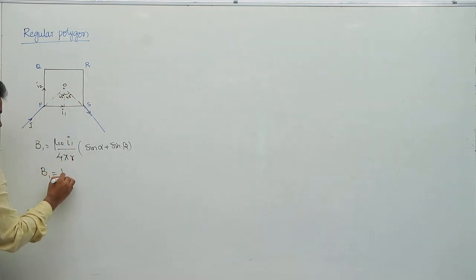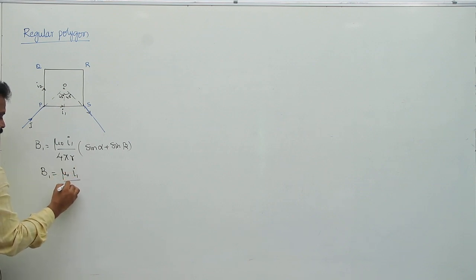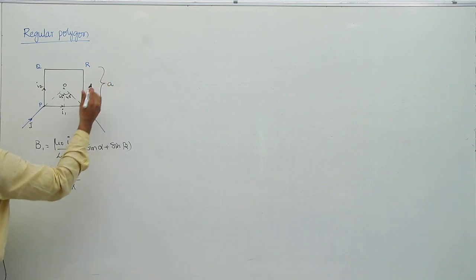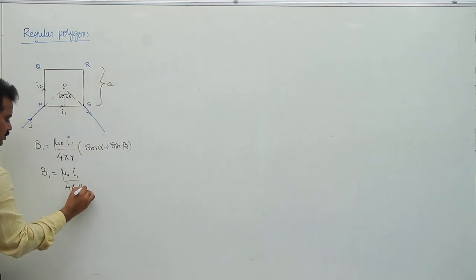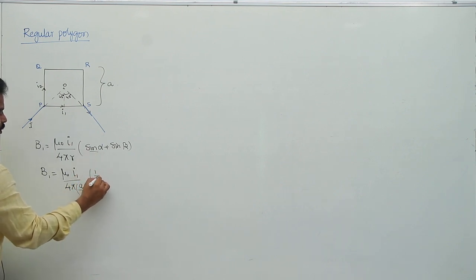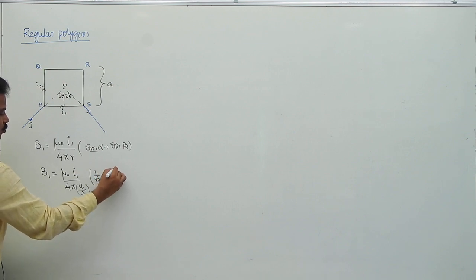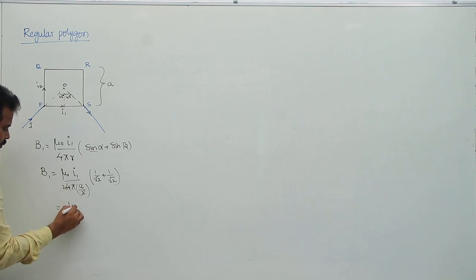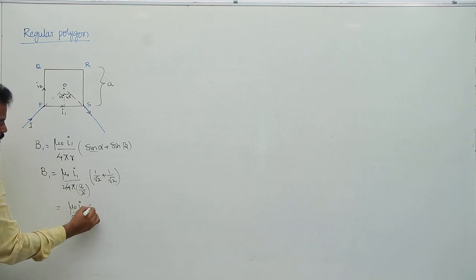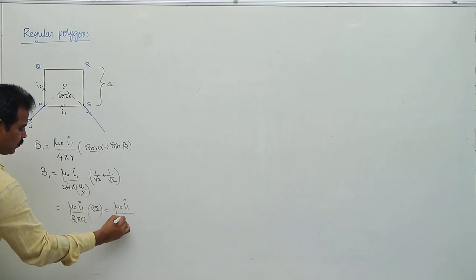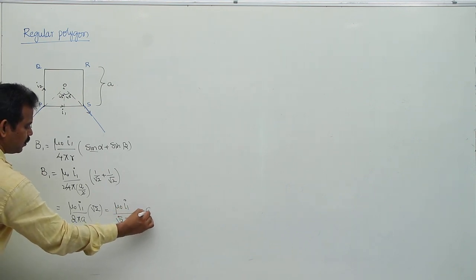So B1 is given by mu naught I1 by 4 pi. Let the side of this square be A, so this will be A by 2. This is sin 45, that is 1 by root 2, plus 1 by root 2. If you cancel these two, this will become mu naught I1 by 2 pi A, times 2 by root 2 or simply root 2. So this is B1 equals mu naught I1 by root 2 pi A, equation 1.